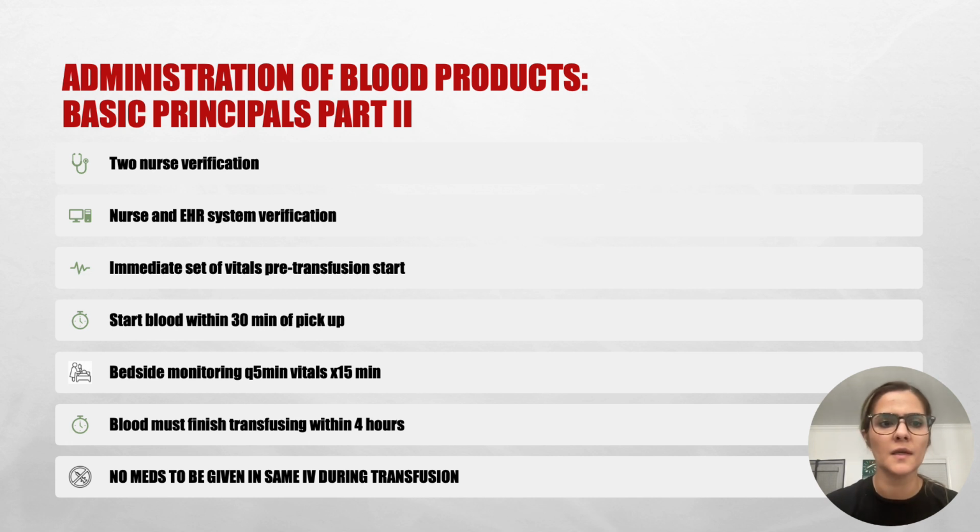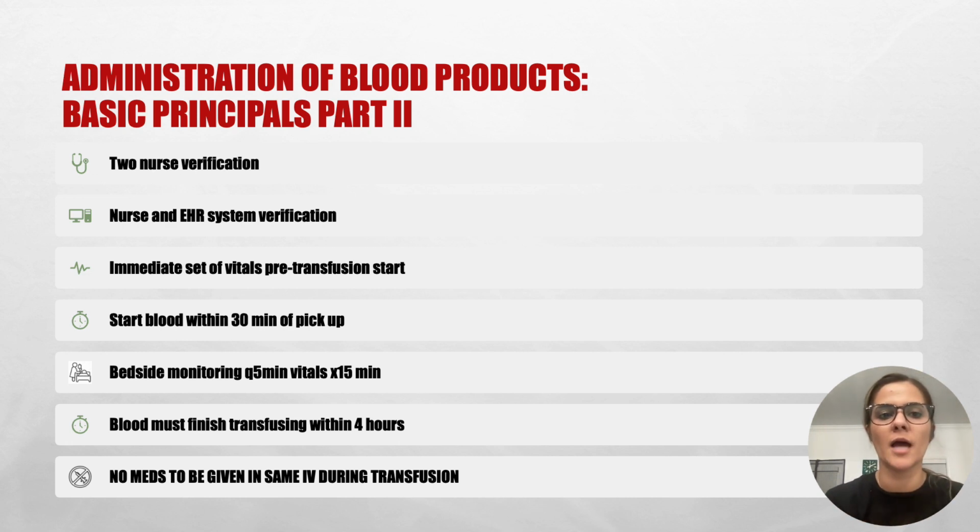Part 2 of this is there's always a 2-nurse verification. Some facilities will recognize the EHR, the electronic health record, as that secondary nurse check. So you may not necessarily require a second nurse in person if your facility does acknowledge the computer system as that secondary check.